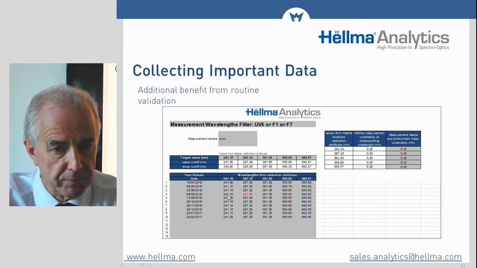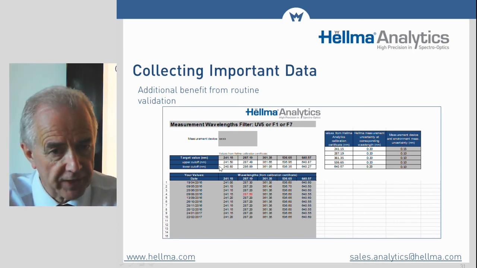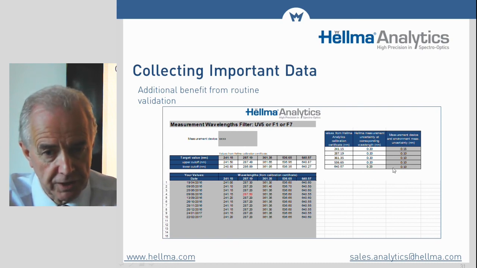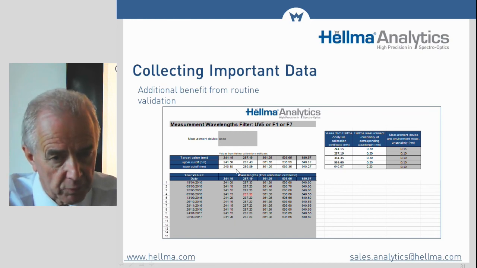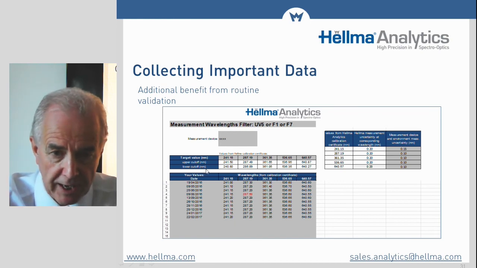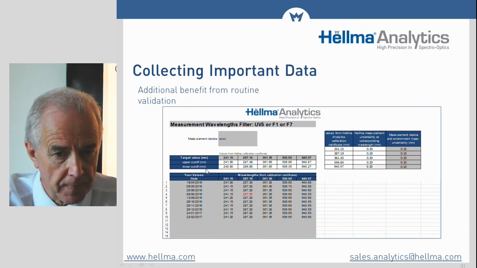They're used by simply inputting your wavelengths of validation from your certificate. That data is transferred to here where the uncertainty from the certificate is also added, and you can add the uncertainty from the specification of your spectrometer. Those values are then turned into higher limits and lower limits, which we use for tracking out of limits results.